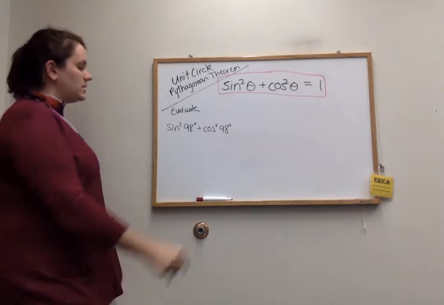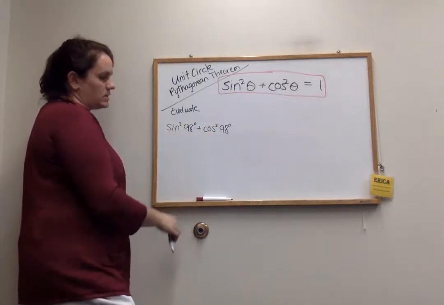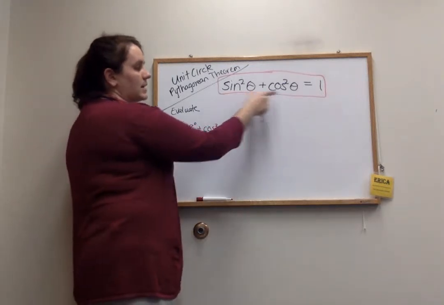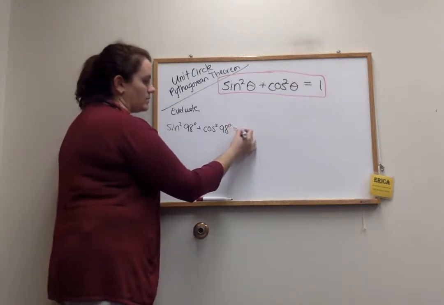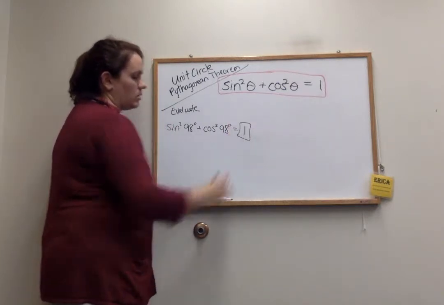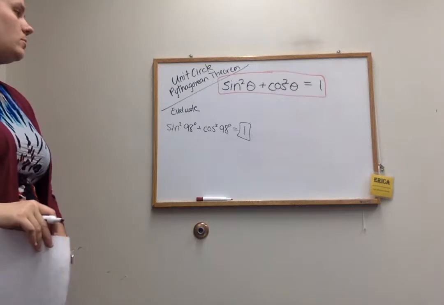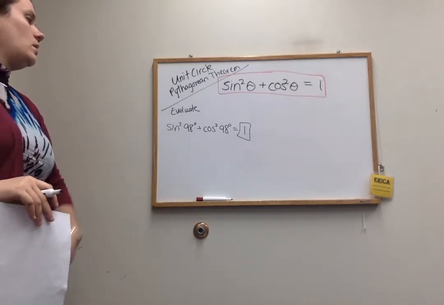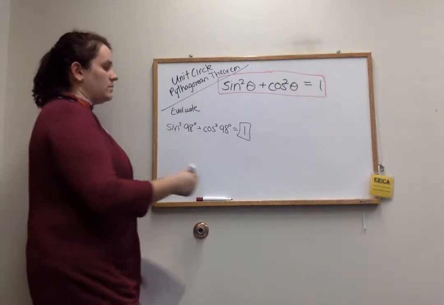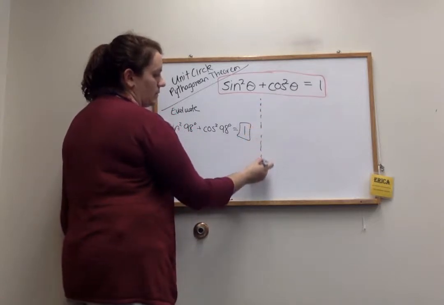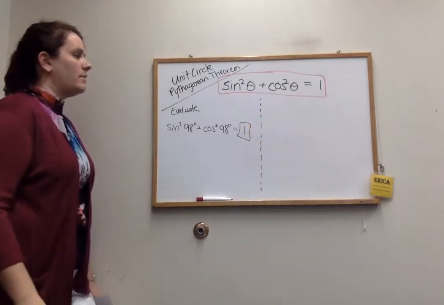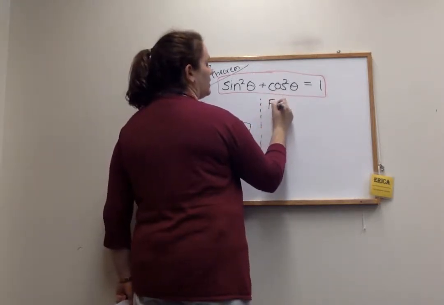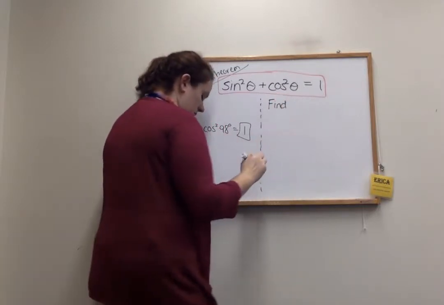You would have to notice that it is sine squared and cosine squared. And whenever we have sine squared and cosine squared and we add them together, that is going to be equal to 1. So your answer to that would just be 1.